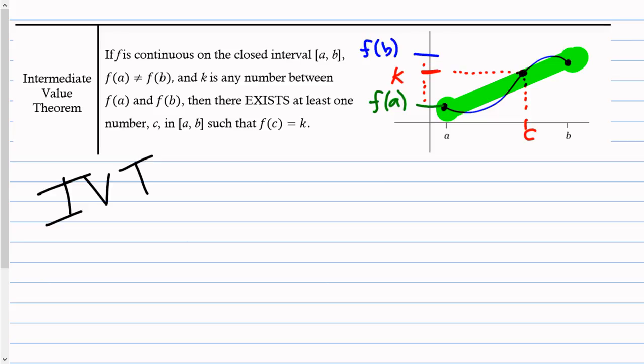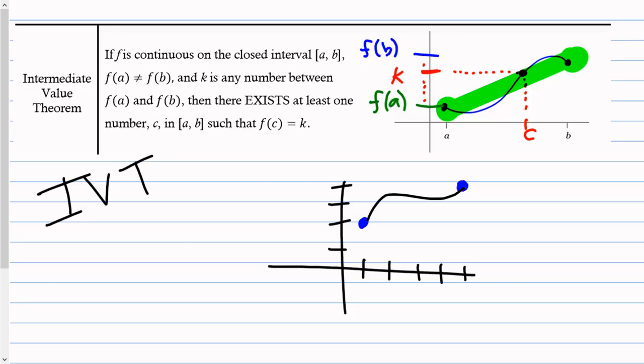Let me draw a graph. Here's my makeshift graph. So let's say I have a point here, and then a point here. If I start at x equals 1, my first point here is (1, 2). This is a height of 2, and then here I have x equals 5, and this height is 4.